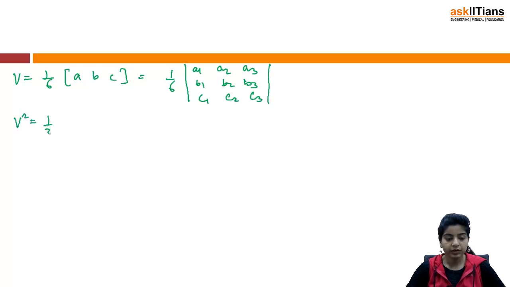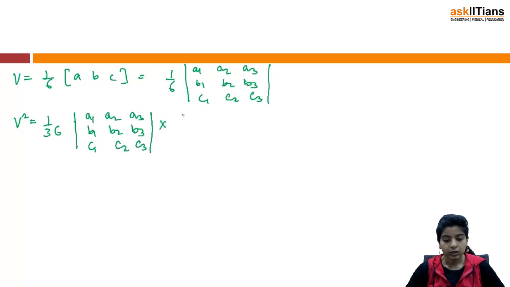Since we are required to find the value of V square, V square can be written as 1 by 36 into this determinant times the same determinant again.